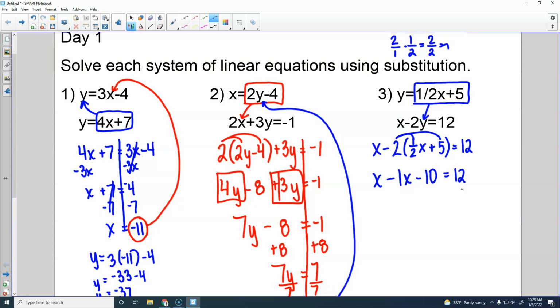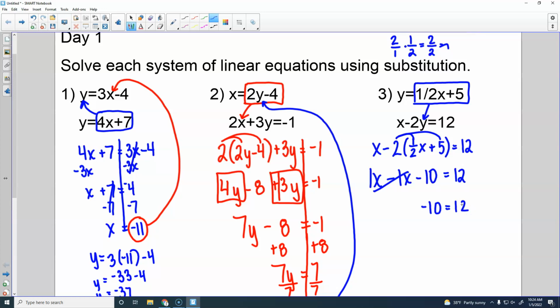Okay, Peyton, what would we do next? Let's deal with those x's first. That has a 1 in front of it. 1x minus 1x is 0. They're gone. Okay? So we end up with negative 10 equals 12.